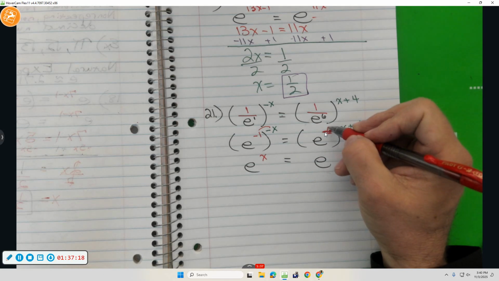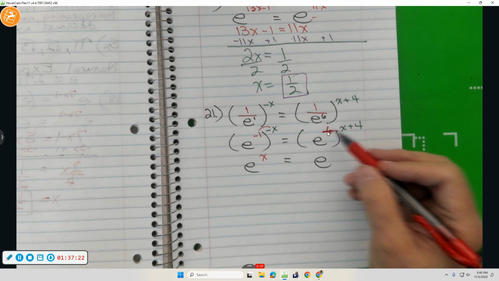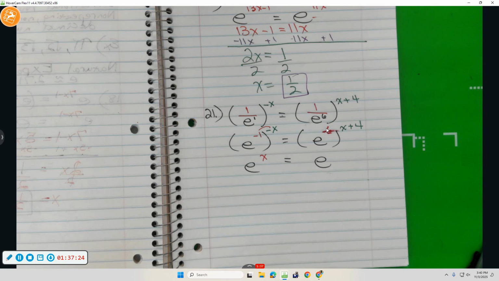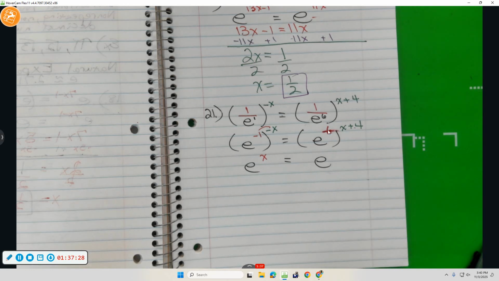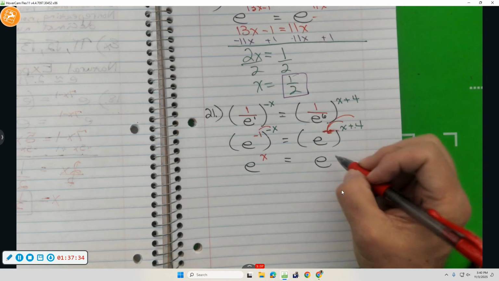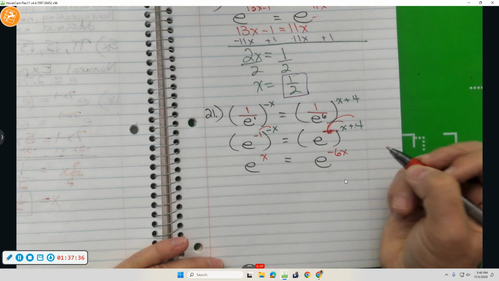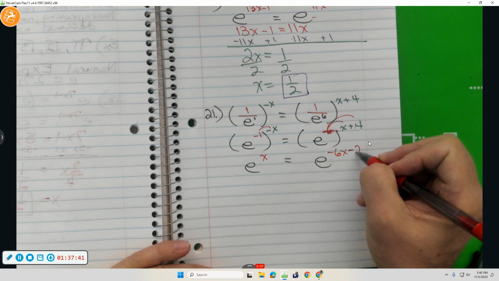Can y'all tell what that is? That's saying e to the negative 6 to the x plus 4. What are we going to do with the negative 6 and the x plus 4? To give us negative 6x, I agree, minus 24.